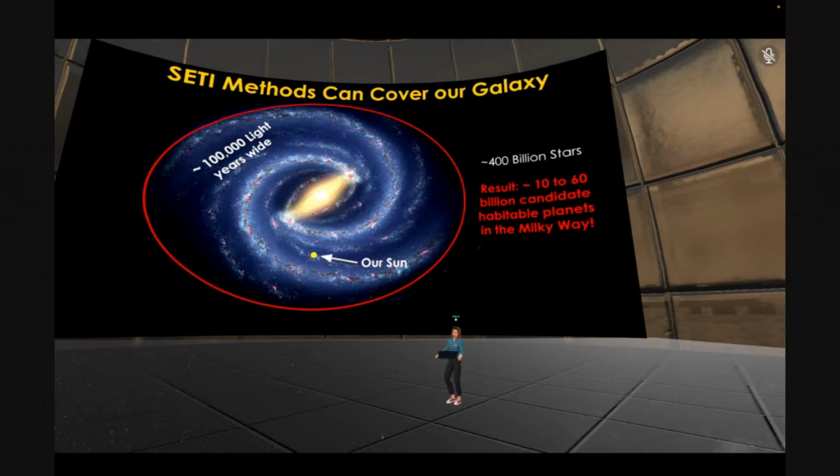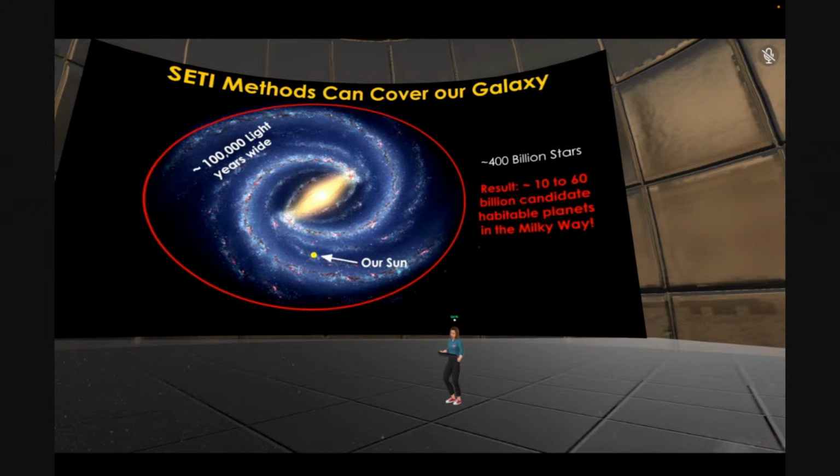SETI methods can cover our entire galaxy. That's about 100,000 light years wide, which is pretty huge. This image is showing our own spiral galaxy, which is a barred galaxy, and you can see this yellow dot represents our sun. So we are one tiny little blip in this huge universe.